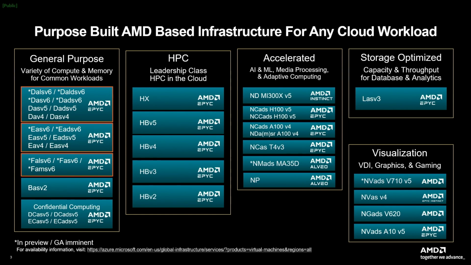We really are widely adopted by Microsoft for their internal workloads like Microsoft 365 and Teams and other OpenAI initiatives that they're doing. And we're available as third-party offerings for end customers to get better value out of their environments as well. Really excited with this partnership that we have with Azure and developing this over the years. We can move to the next slide.